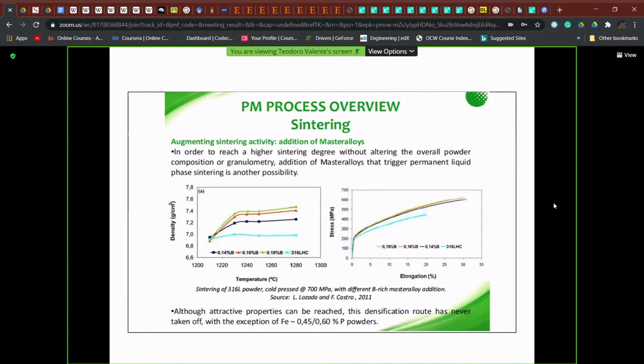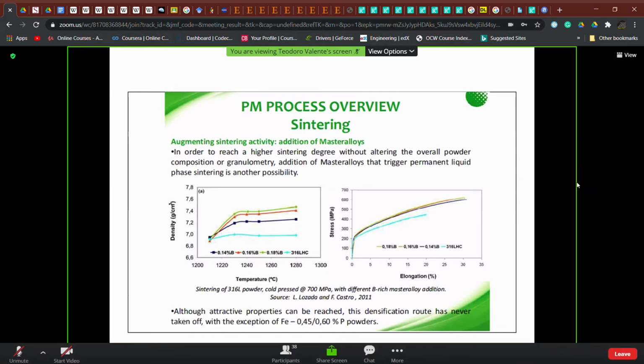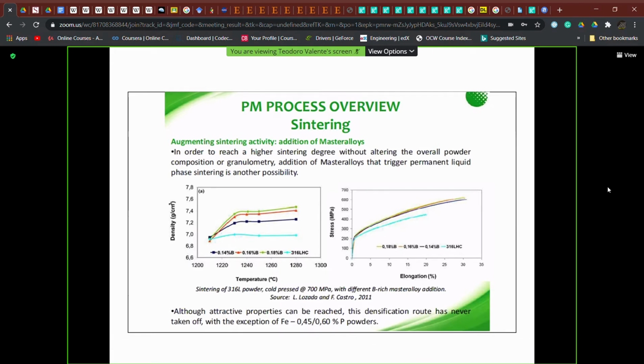Sometimes, in order to speed up and to have a more efficient sintering process step, master alloys are added to the powders, and this is made to reach higher values of sintering degree without essentially making big alteration of the overall powder composition or granulometry.